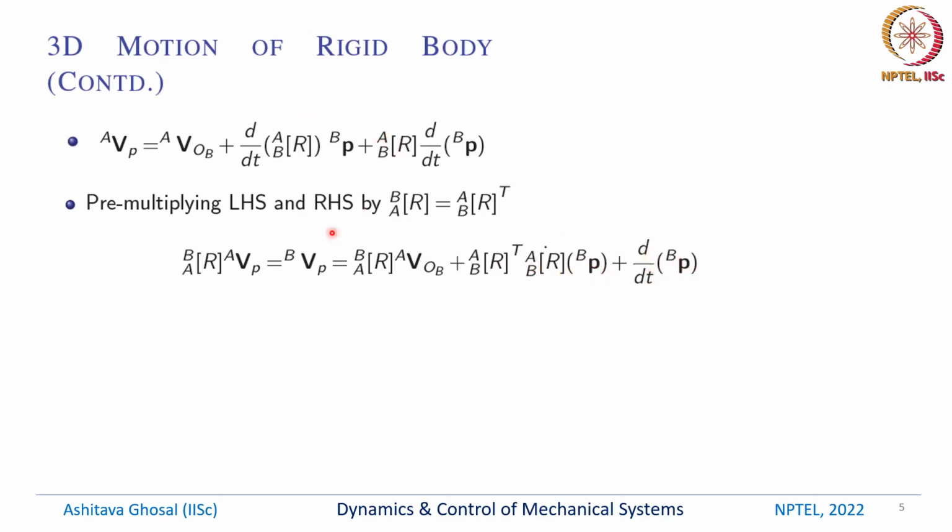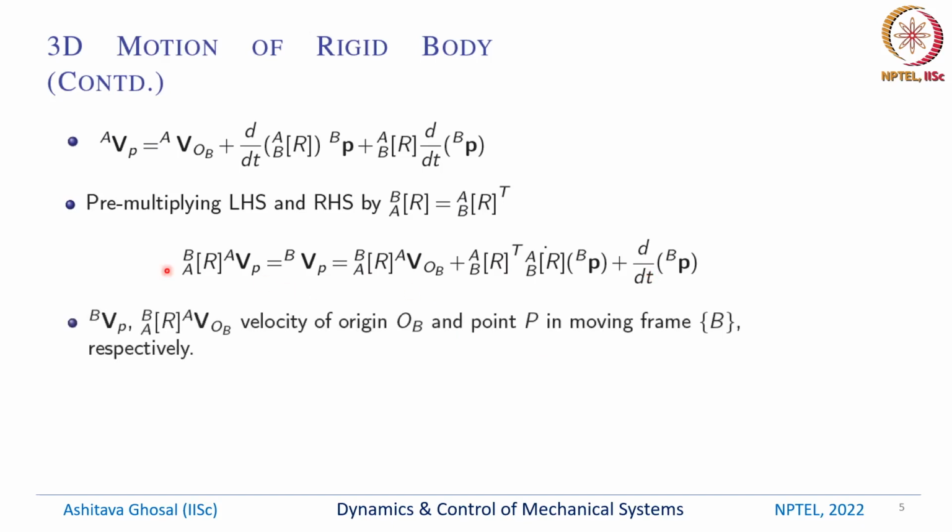So remember ABR, and then pre-multiply by BAR, we are left with the identity. So this is the simplified expression. So this is the velocity of this point P described in the B coordinate system. Again, remember this is the velocity of the point P in the moving frame.